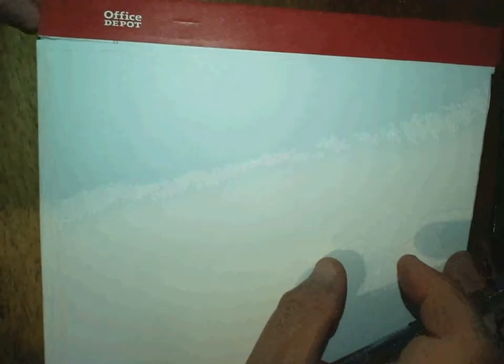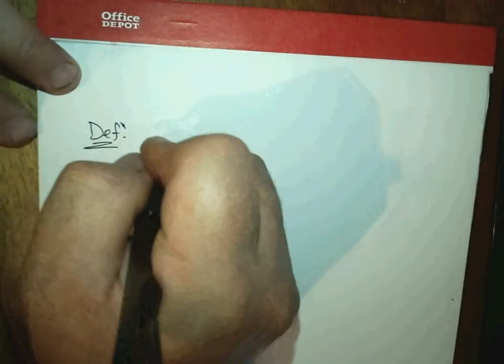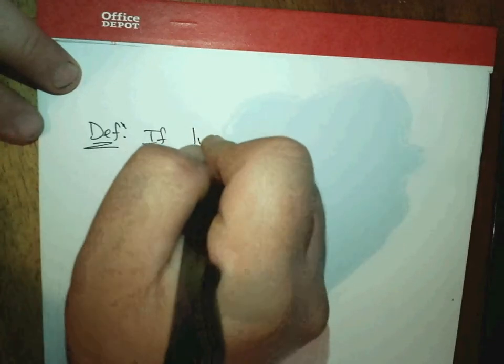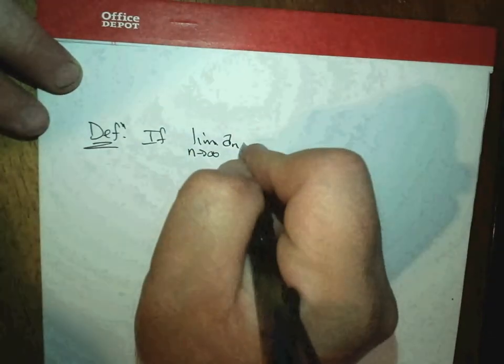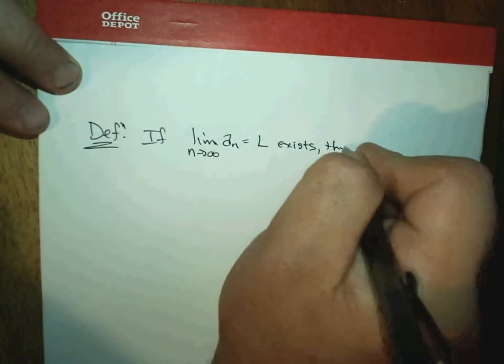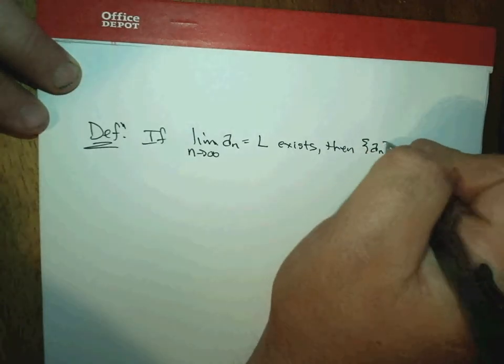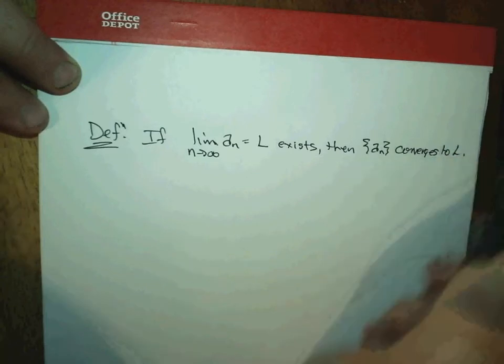And this is how we do the analysis. We give you a definition. Definition. If, when we take the limit as n goes to infinity of this generating function, or of this form of a sequence, and we get a value called L that exists, then we say that this sequence converges to that value.